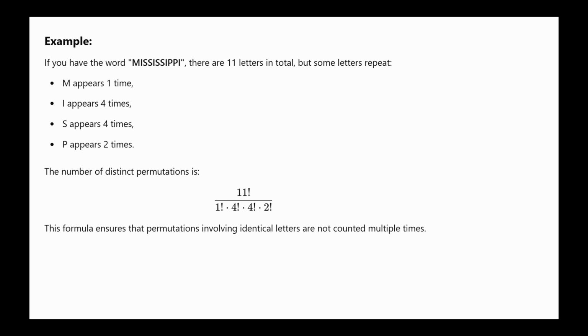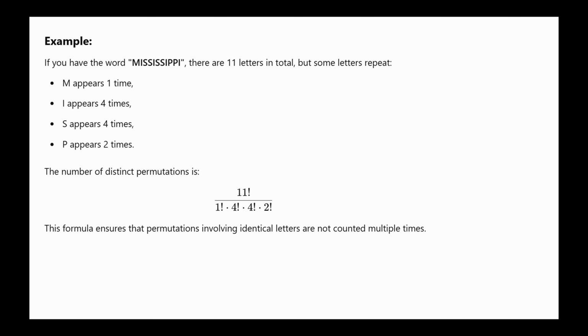Now another example has been shown here. If you have the word Mississippi, there are 11 letters in total, but some letters repeat. M appears 1 time, I appears 4 times, S appears 4 times and P appears 2 times. Then the number of distinct permutations would be the total divided by the ones that are the same.